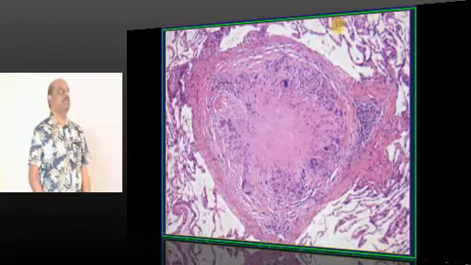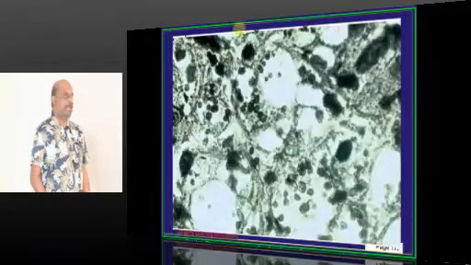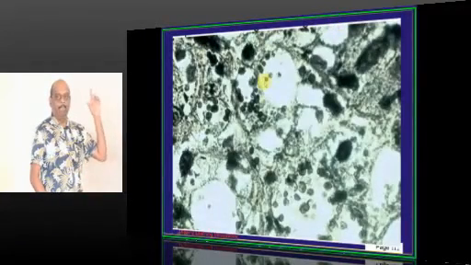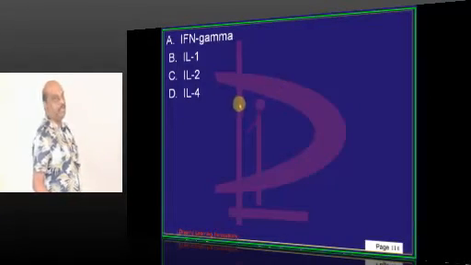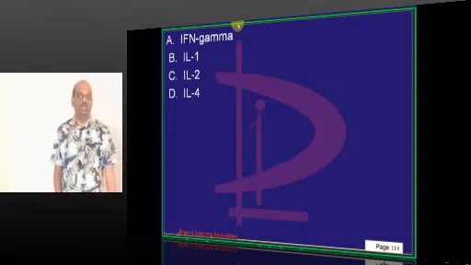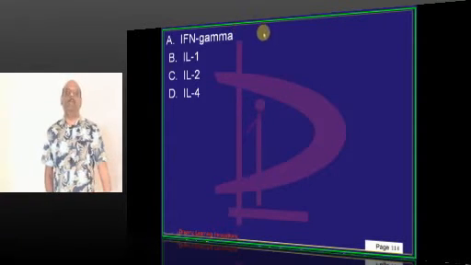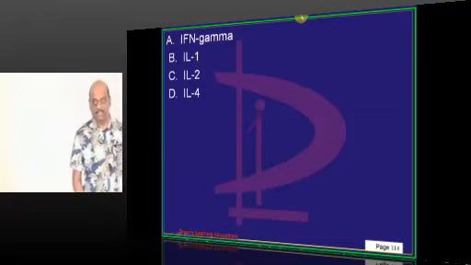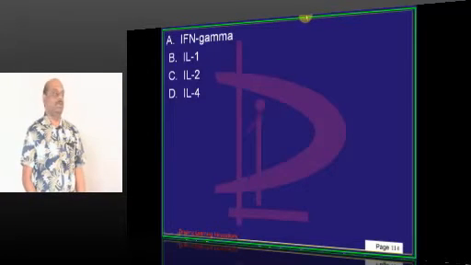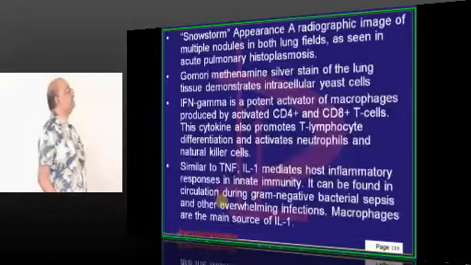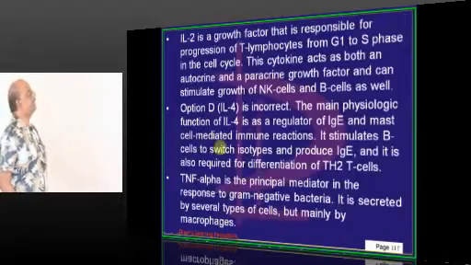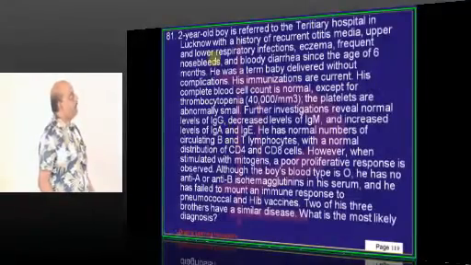So which organism do you think it is, in the lung, an intracellular yeast with granulomatous inflammation? Histoplasma. To counter the Histoplasma-like intracellular yeast, what is the most important mediator in our immune system? It is the interferon gamma, which is the most important mediator, is what you have to ultimately understand.